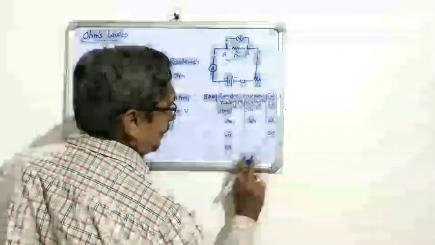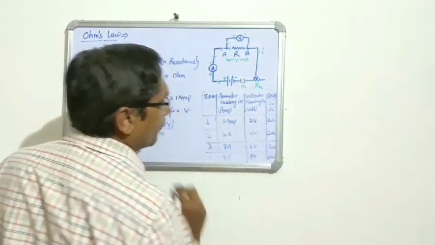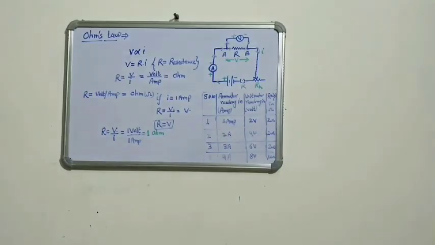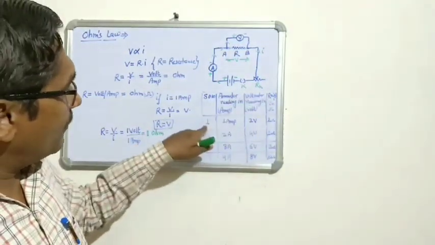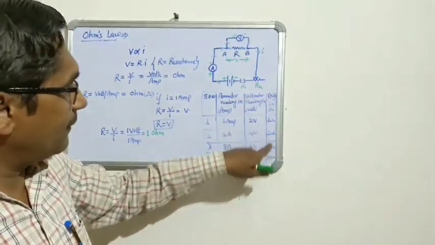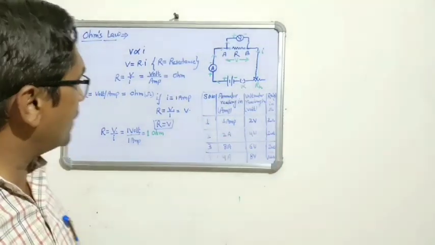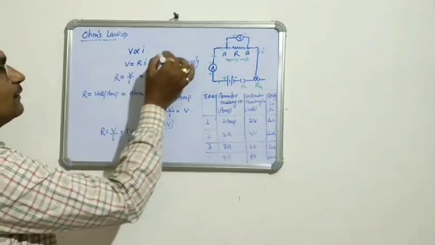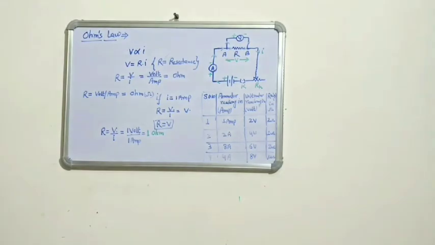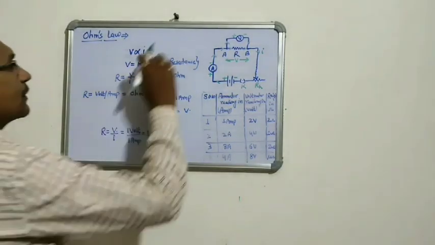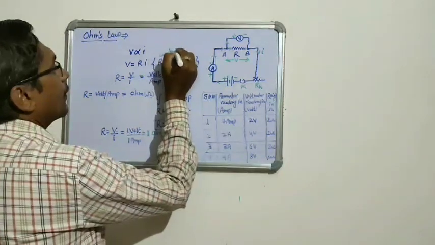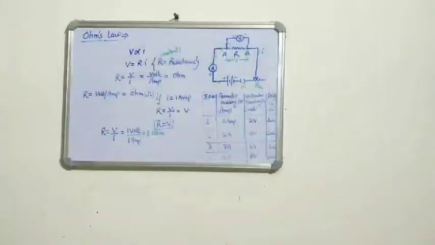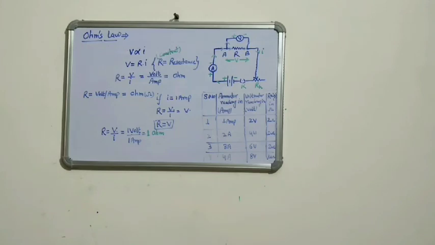So 8 divided by 4 equals 2 ohm. So in this experiment, in every reading, R is 2 ohm, 2 ohm, 2 ohm. That means R is constant. Okay. This is the verification of Ohm's law.